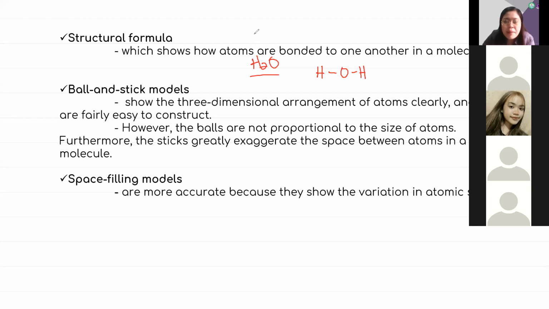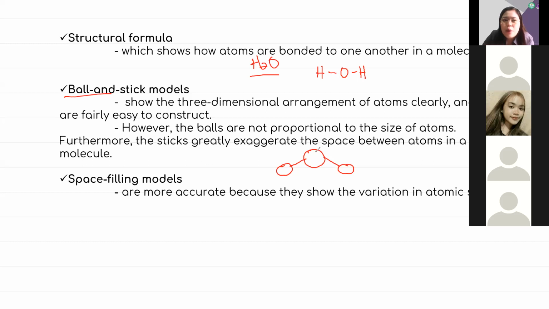So again, ang pinapakita for structural formula, how atoms are bonded to one another. Now sa ball and stick, naman na model, this will show us the three-dimensional arrangement ng ating atoms. Okay? 3 dimension kasi we have like this, the ball, and then you have the hydrogen here bonded with the oxygen in between. So 3-dimensional siya.